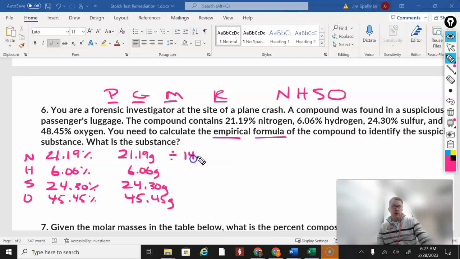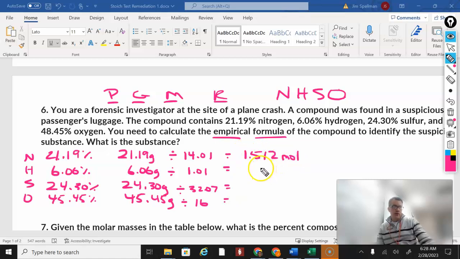Nitrogen's 14.01. Again, we're getting these numbers off the periodic table. Hydrogen's 1.01. Excuse me, sulfur's 32.07. And oxygen 16.00. We do the math on these, and we're going to get some moles. And so nitrogen ends up being 1.512 moles.